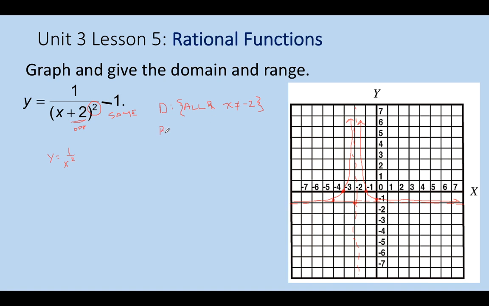And the range: what could all my possible y values be? It is all real numbers, but I can't go below negative 1, and I can't do negative 1 either. So we're just going to say y is strictly greater than negative 1. All right.